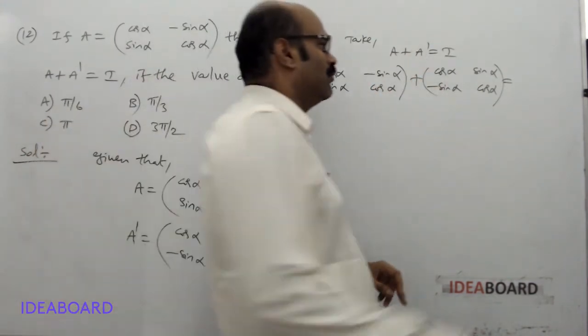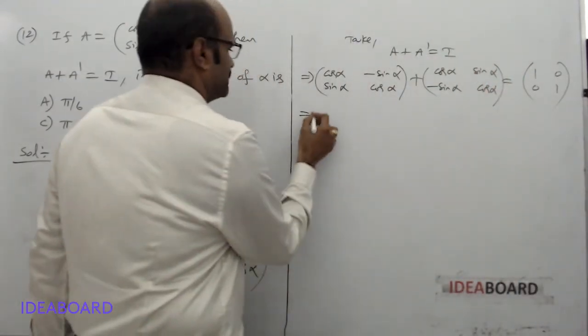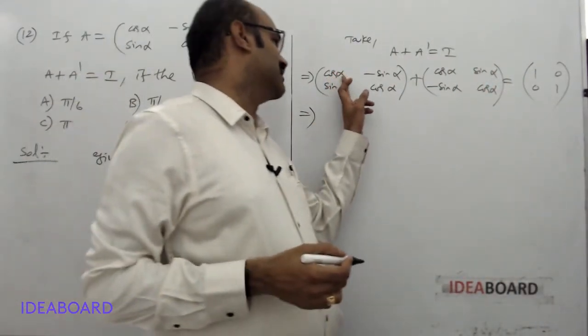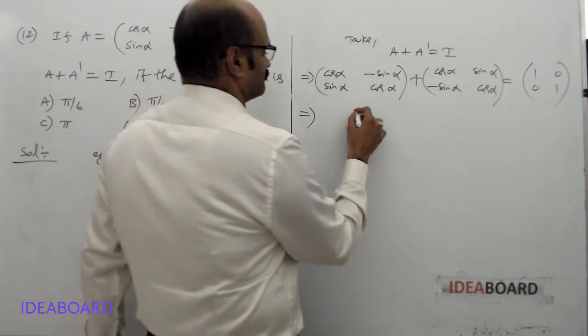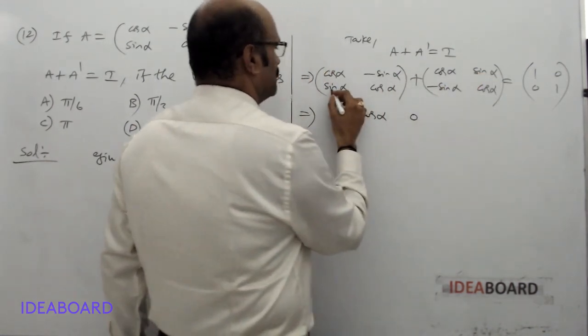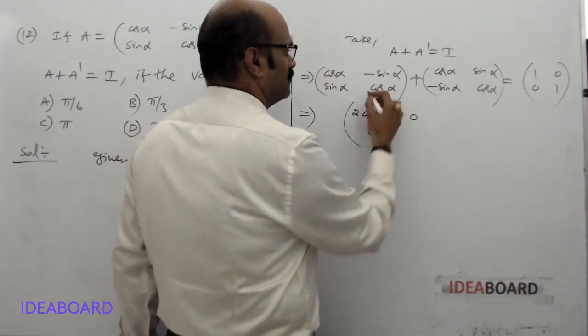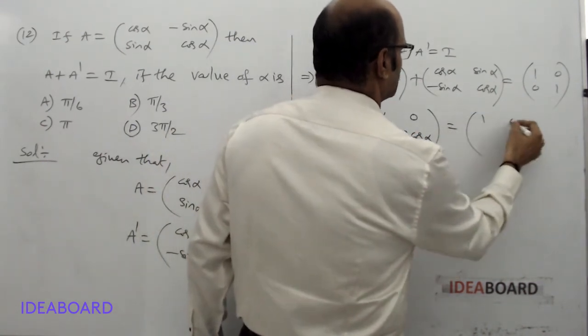Now equal to 1, 0, 0, 1. It implies we have to add the corresponding elements: 2 cos alpha, minus sin alpha plus sin alpha 0, sin alpha minus sin alpha 0, 2 cos alpha.